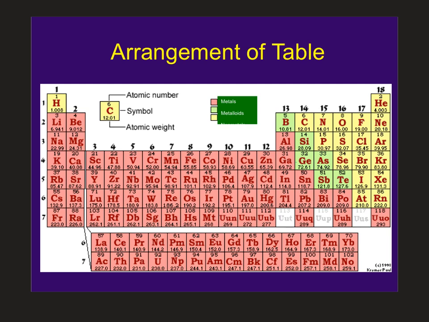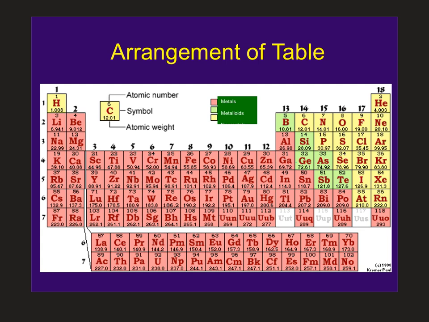Our groups basically determine what types of things are on the periodic table. We've already learned that your metals take up the left-hand side of your periodic table for the most part, and your nonmetals are going to be more on the right side, and then you have your little staircase of metalloids right here.